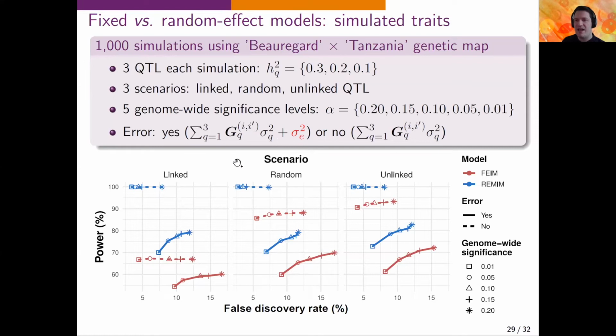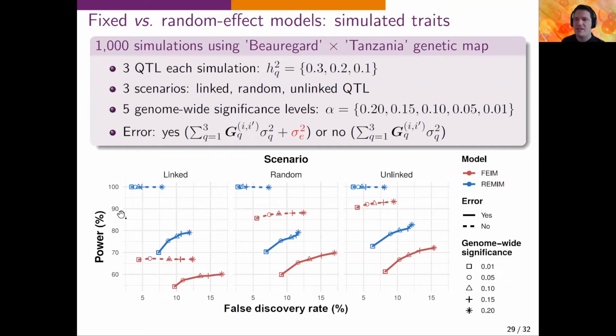We expect 100% of power, which is exactly the case for REMIM. We also observed that the random effect model has relatively higher power and a better false discovery rate control than the fixed effect model for this case. This is especially true when it comes to the linked QTL scenario, right?